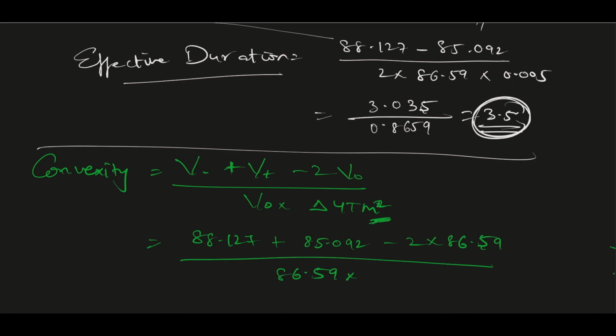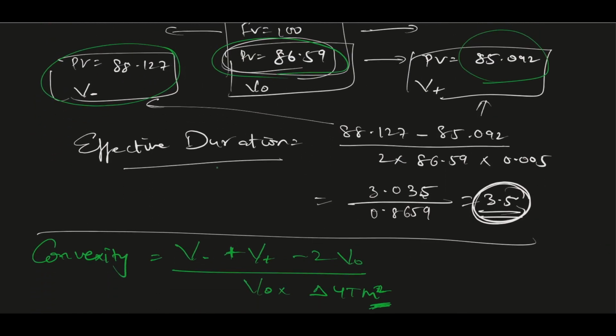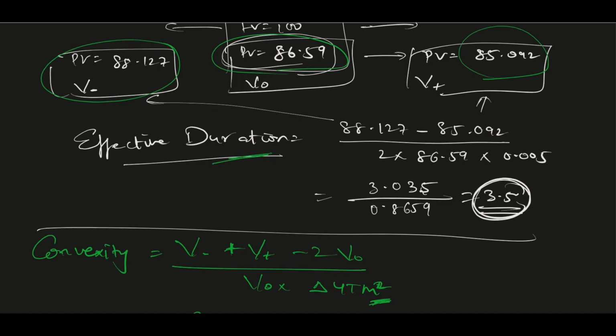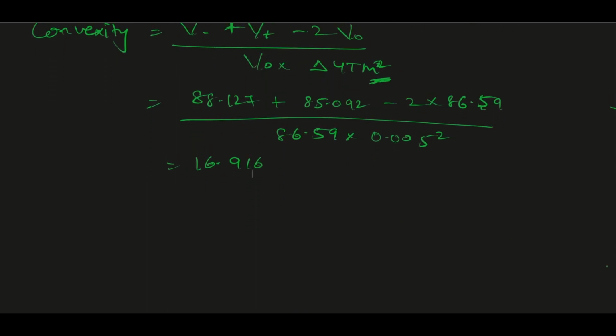Because first one is duration and then convexity, so that's why it is the second derivative. So here 0.005 square. If you calculate all this, it will come to 16.916.